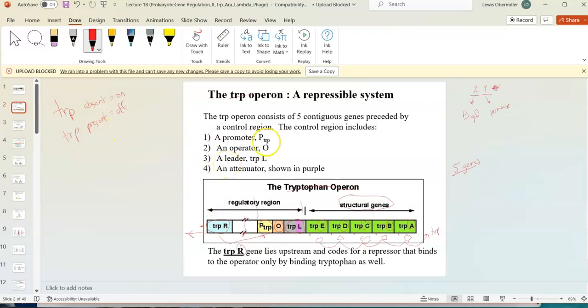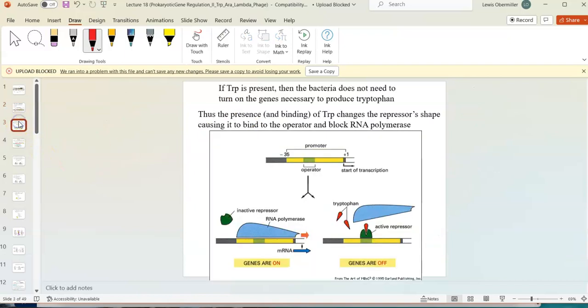Okay, so for the test, you should know there's a promoter, an operator, an attenuation region that's called TRP-L, and that there's 5 genes involved in this biosynthetic pathway to generate tryptophan. That the repressor is upstream, and it codes for a repressor that binds to the operator, just like lac, and it also binds to tryptophan. So we'll talk about exactly how this works in a second.